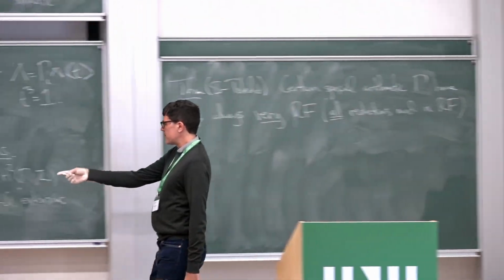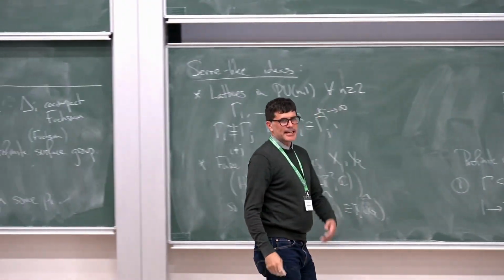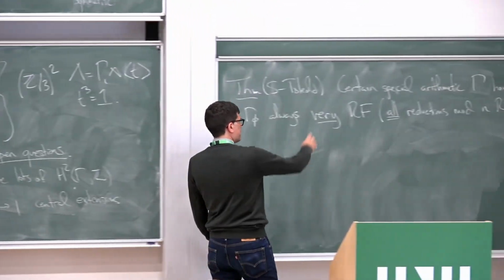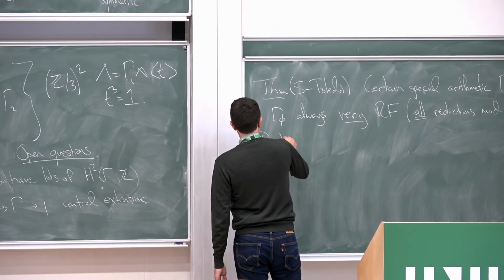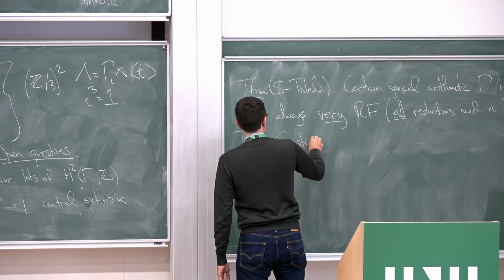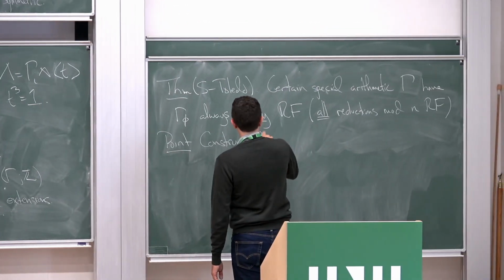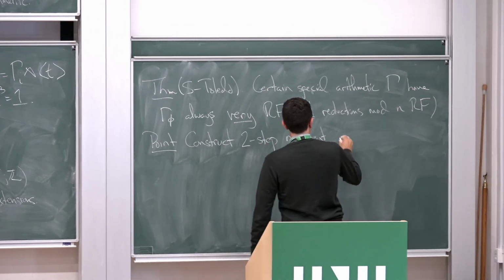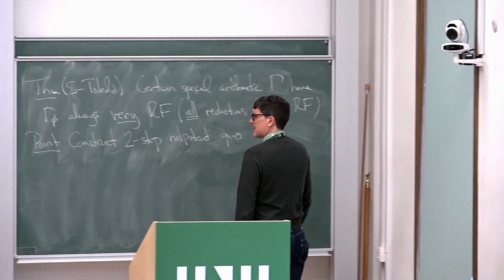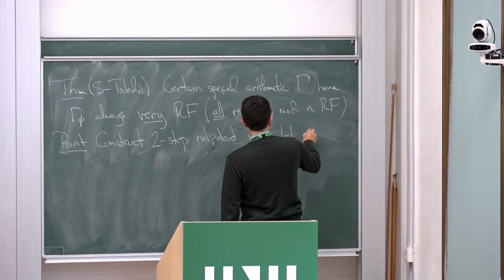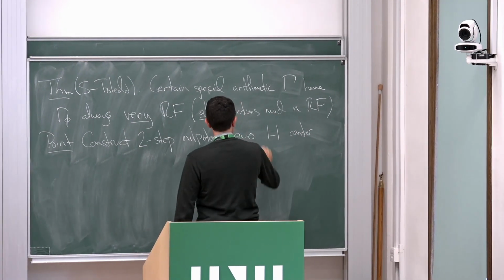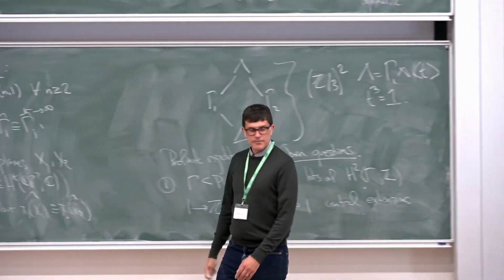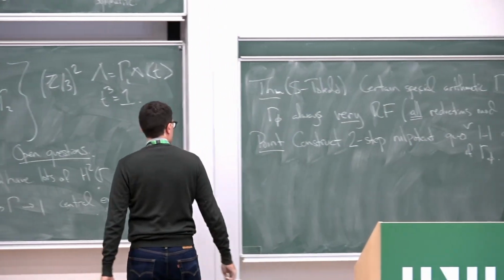If I just knew residual finiteness for this central extension, I get some infinite list of n's for which the reduction mod n is residually finite, but we actually get all of them. The point is we construct a two-step nilpotent quotient that's one-to-one on the center. And then nilpotent groups are residually finite enough to get all the reductions mod n as well.